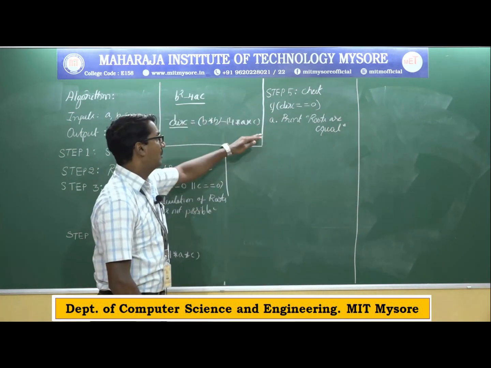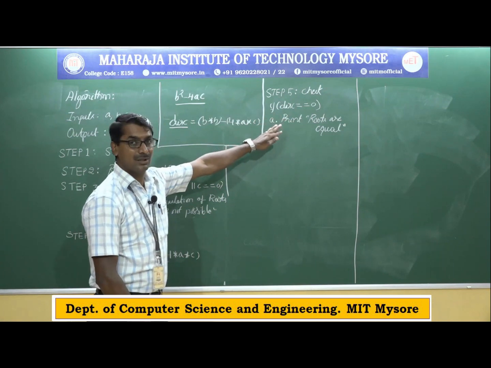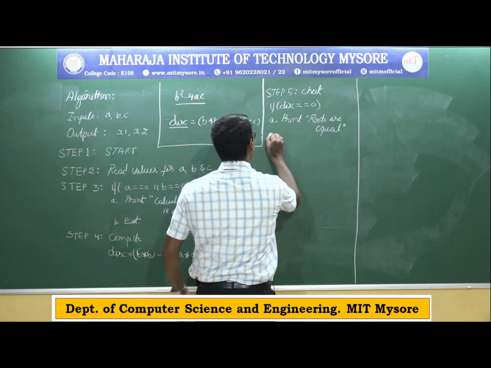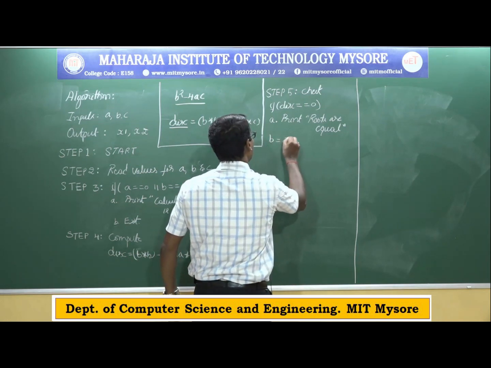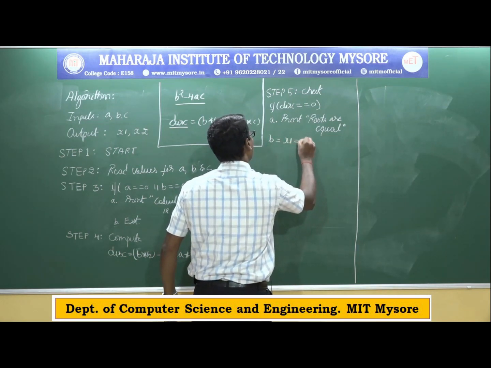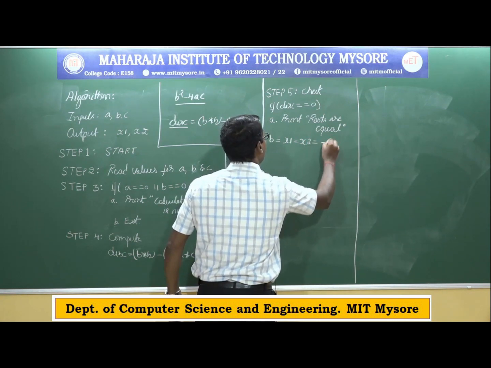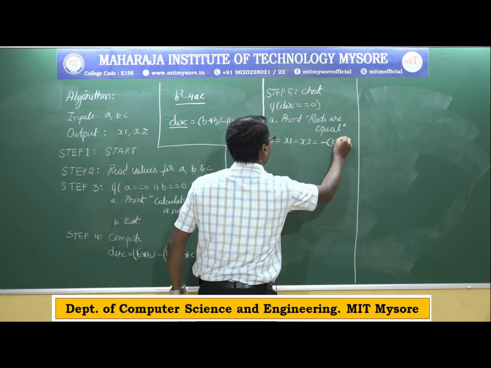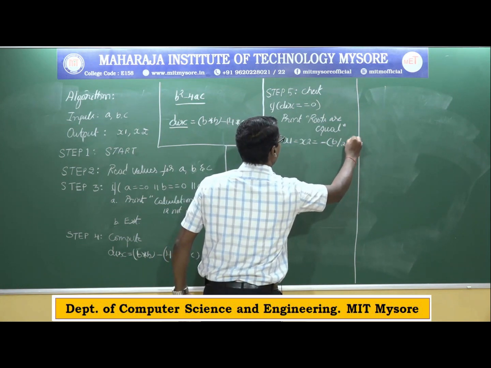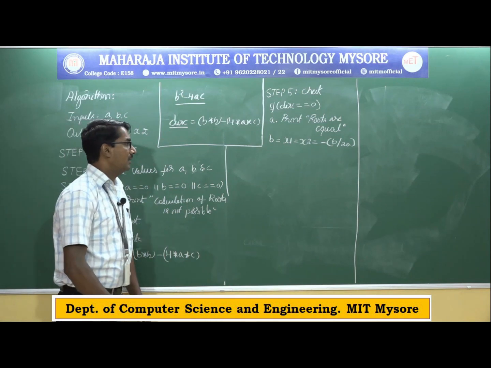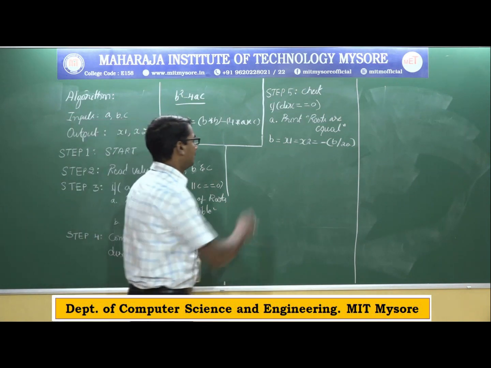When the value of DISC is equal to 0, roots are equal, then the root value is x1 is equal to x2 is equal to minus b divided by 2a.